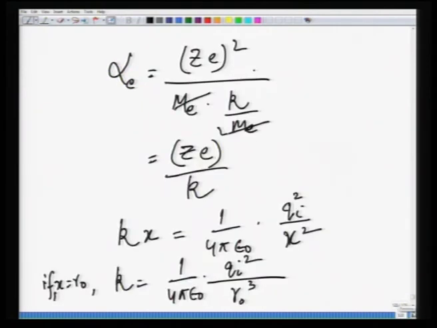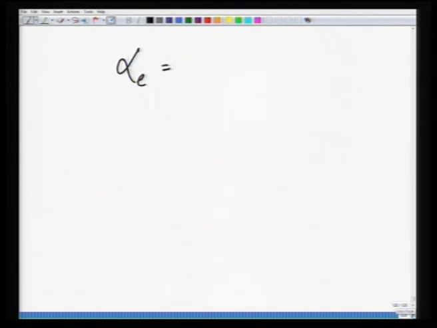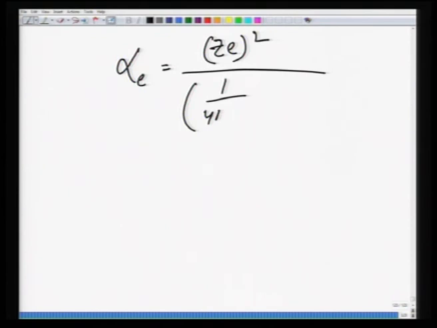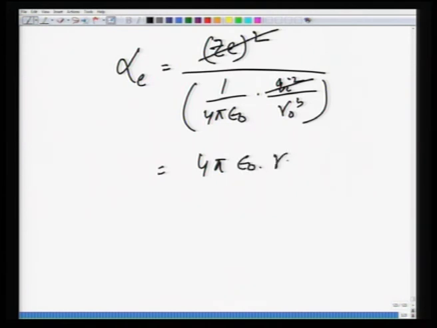And if you substitute in the previous expression, alpha E was equal to ZE square divided by K, and if I replace the value of K, which is 1 over 4 pi epsilon naught into Qi square divided by R naught cube, these two cancel each other, and this becomes equal to 4 pi epsilon naught R naught cube, and this is the same expression that we got earlier.